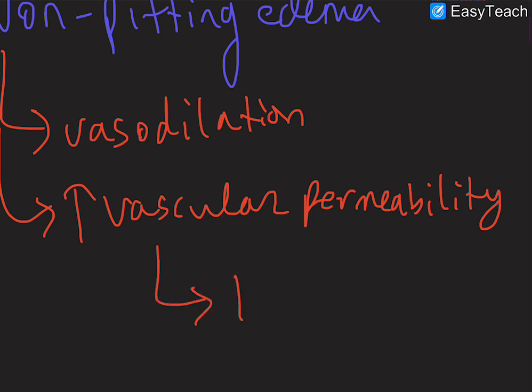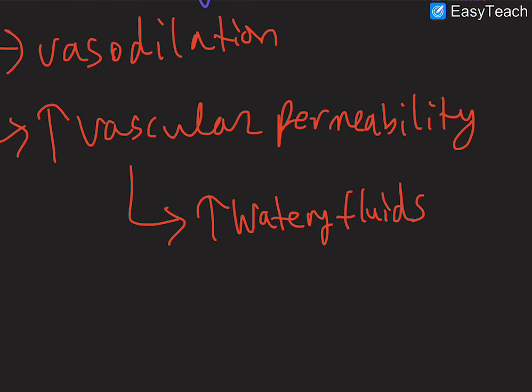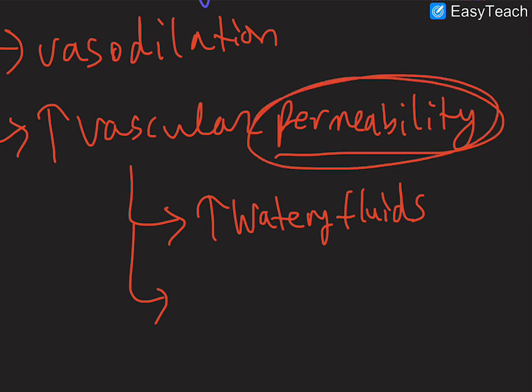So more watery fluids present inside your plasma can leak out into the interstitial, your deep tissue space. And remember, in the name, you're increasing permeability, so more things can flow from the blood vessels into your deep tissue space.